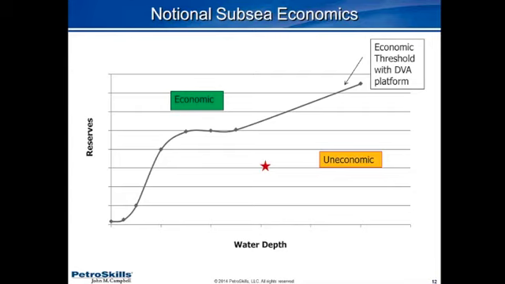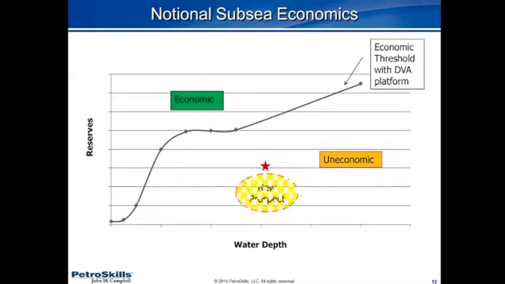Here the star shows the reservoir or opportunity that we might have, and so in this case we see relatively deep water, relatively small reserves. So notionally, a reservoir that cannot be developed with a DVA direct vertical access platform.